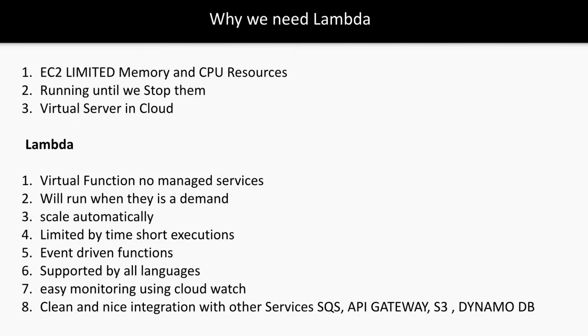Lambda is supported by all languages. It's like an event driven function and can be called function as a service, because we are focused more on the functions, not on the security patching and managing the infrastructure, managing the system, managing the VM, right? It scales automatically. That's the AWS managed service, right? We can easily monitor it using CloudWatch. Clean and nice integration with the other services, like if we talk about SQS, S3, Gateway, DynamoDB.